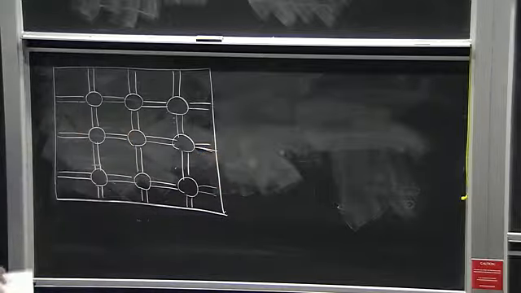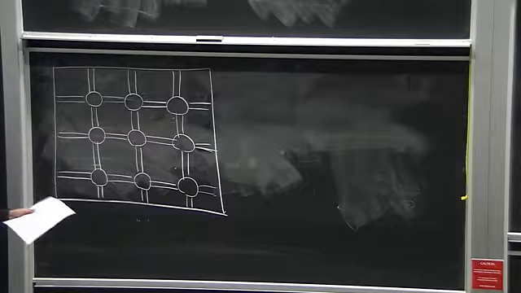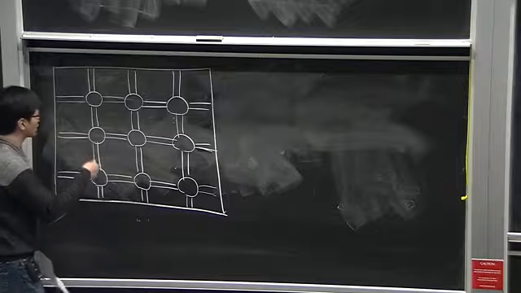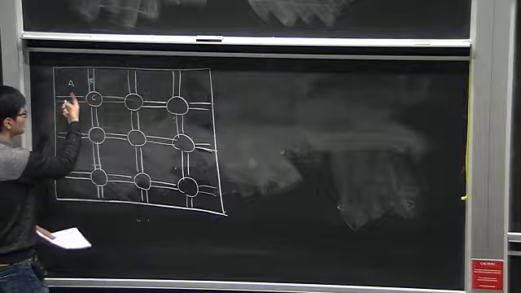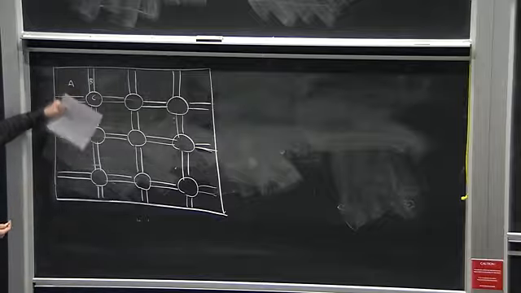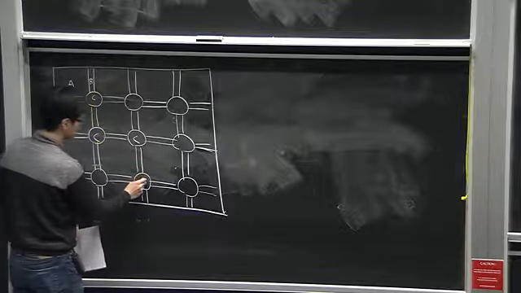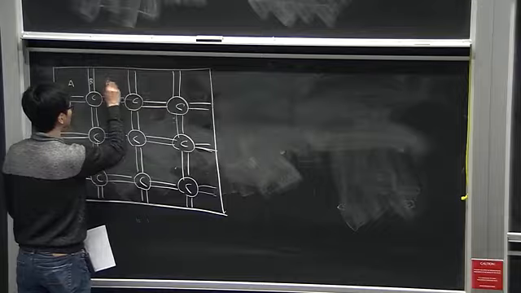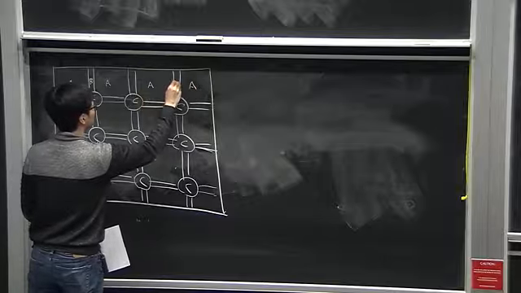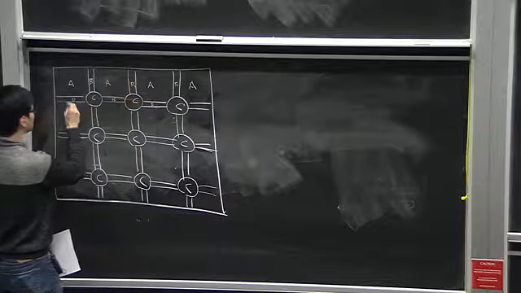Okay, some nice pattern. The point of this partitioning is the following. We can assign 3 color labels, A, B, C, so that A is like a face, B is like an edge, and C is like vertices, sort of.